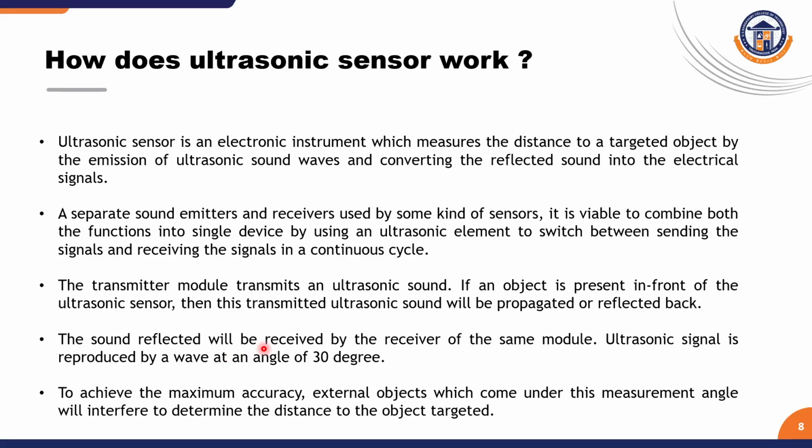The reflected sound is received by the receiver in the same module, with both modules in the same device. The ultrasonic signal is produced as a wave at an angle of 30 degrees. To achieve the maximum accuracy, external objects which come under this measurement angle will interfere in determining the distance to the targeted object.